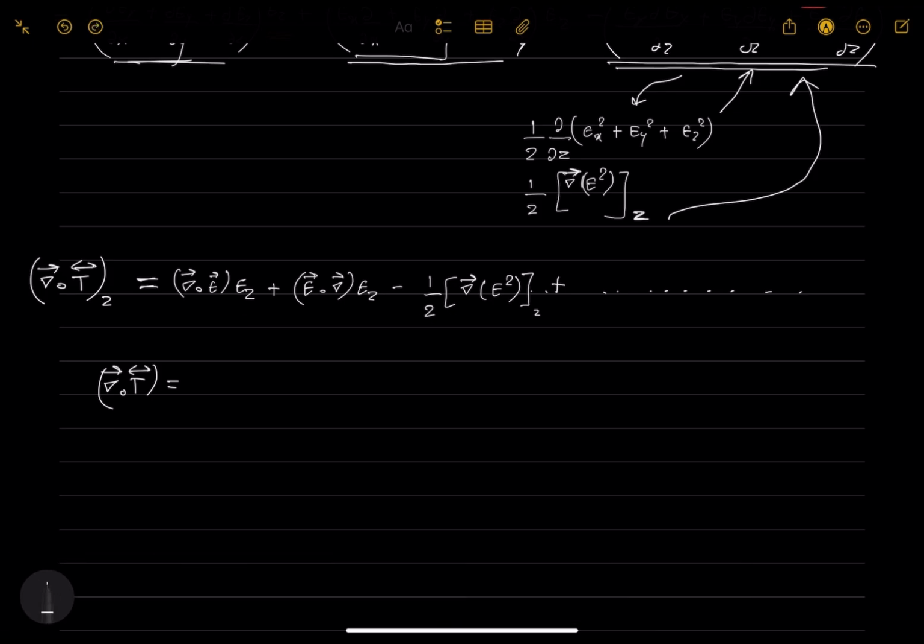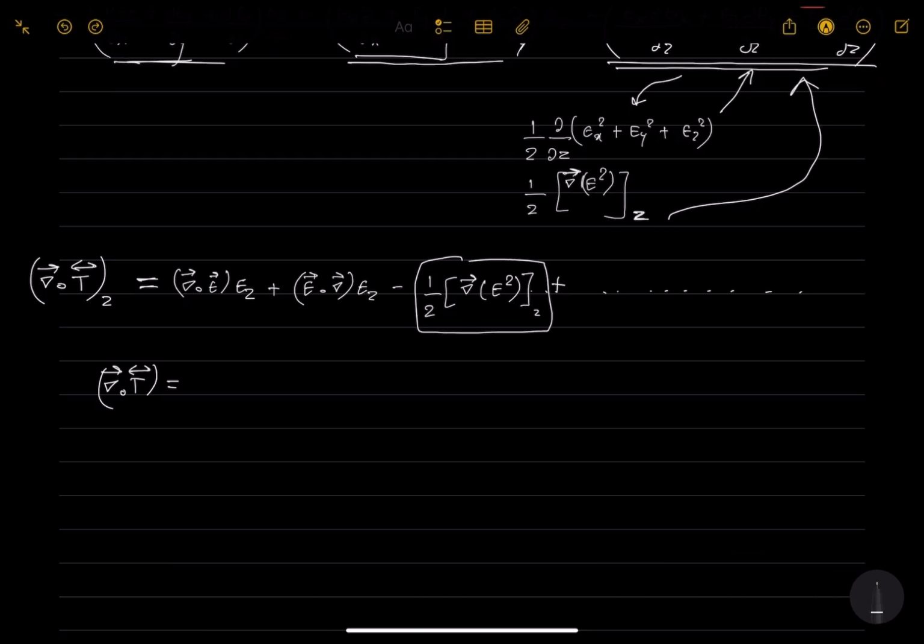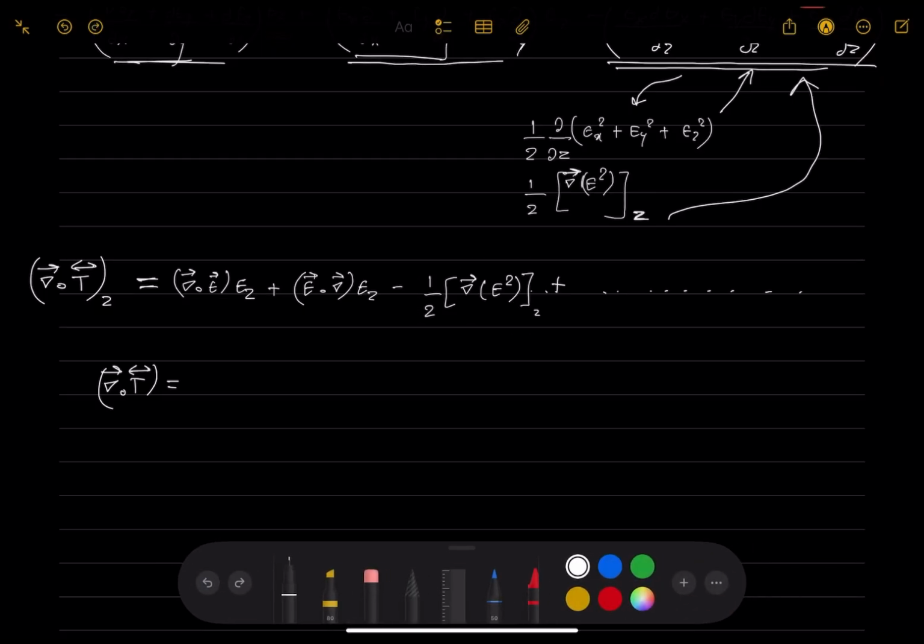If we were evaluating the y component, this would almost certainly be Ey, pointing towards the y direction. This would be Ey in place of Ez, and instead of taking the z component of the gradient of the E squared scalar field, we'd take the y component. So I think this yields a very nice symmetrical thing for what the divergence of the stress tensor is.